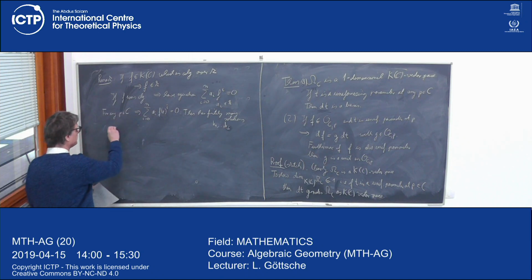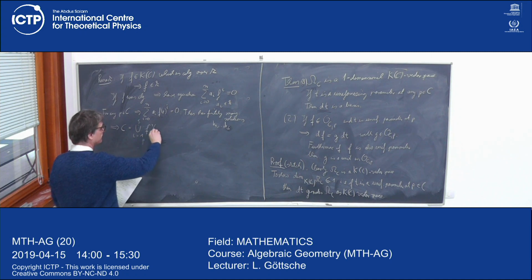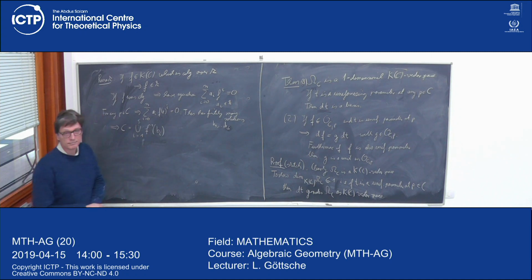Thus it follows that C is equal to the union from i equals 1 to s of the inverse image under F of b_i. Now this F is a rational function, but anyway, where it's defined, the inverse image of a point will be a closed set.